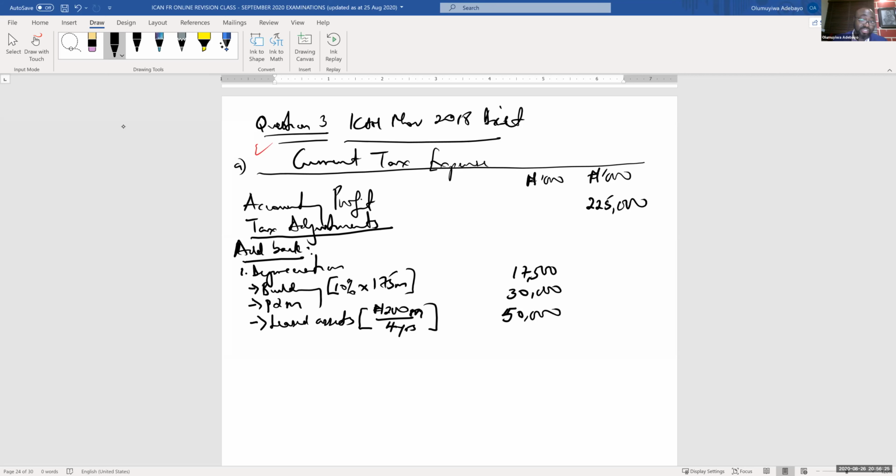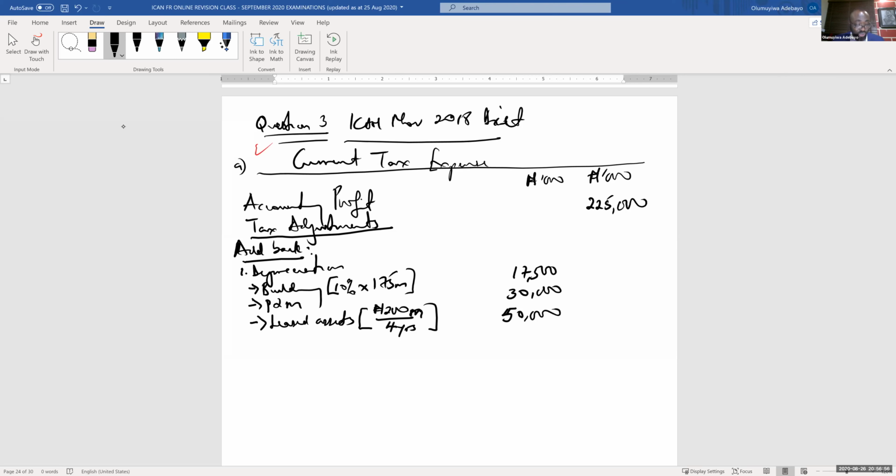Okay, alternative to that is to gross up. If you gross up 200 million by 80%, it gives you 250 million. Now subtract 200 million from 250, it gives you that same 50 million. And that is that for us to understand. Okay, and we borrow the principle of IAS 16 with respect to depreciation computation. That's how we are able to arrive at this answer.